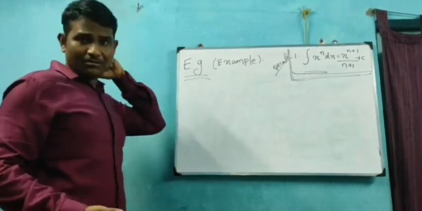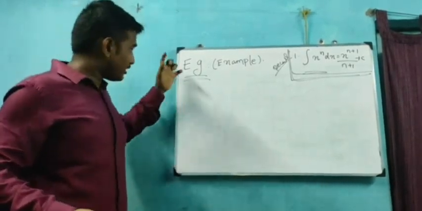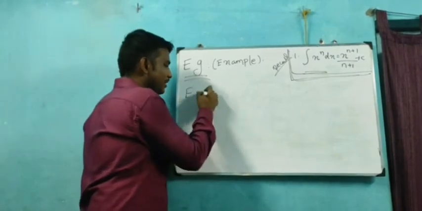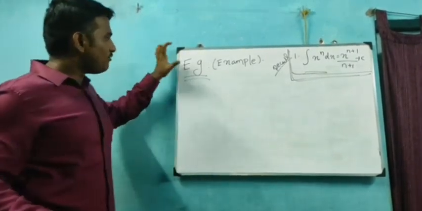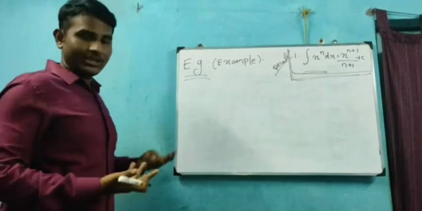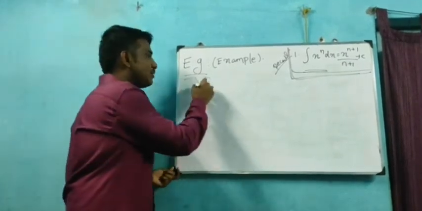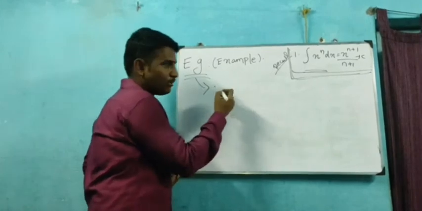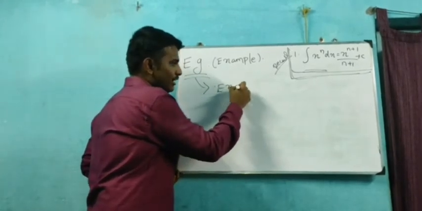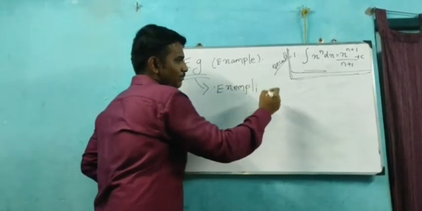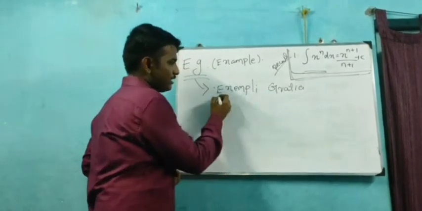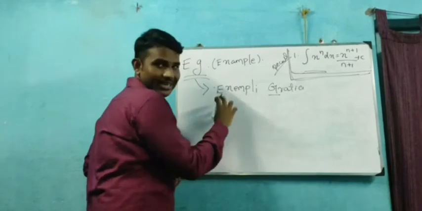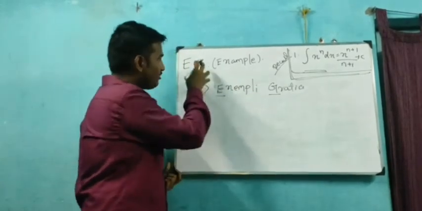Some teachers write example as "ex", which is also right, but some write "eg". I am also writing "eg" because it is an abbreviation of exempli gratia, short form. So E, G, that's why we are writing it.